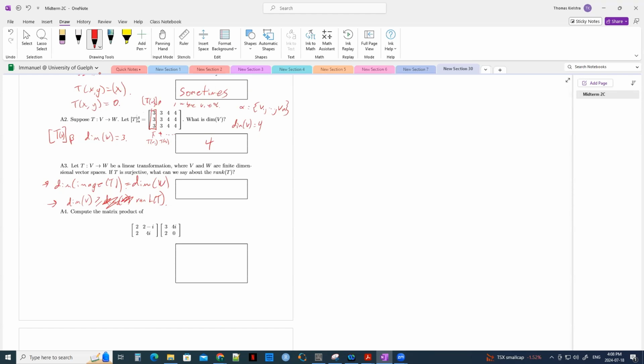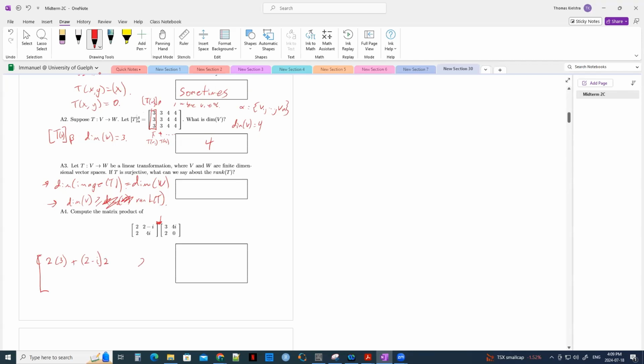Okay. Next, we have a matrix multiplication. This question is asking us, do we know how to multiply matrices, and do we know how to compute complex numbers? So here, our matrix product is going to result in 2 times 3 plus (2 minus i) times 2.